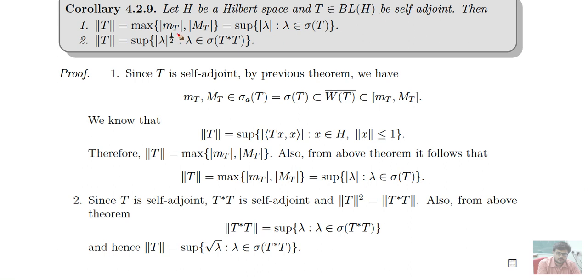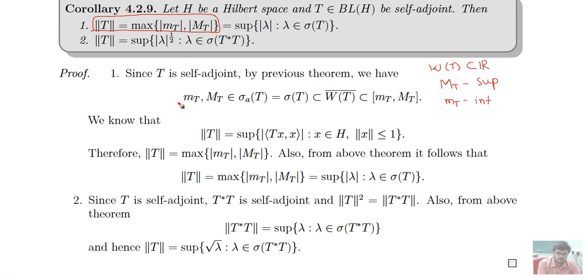Suppose T is self-adjoint, then this is a corollary, you might have to recall, that the numerical range is a subset of R. Capital M(T) was the supremum of W(T), and small m(T) was the infimum of the numerical range.